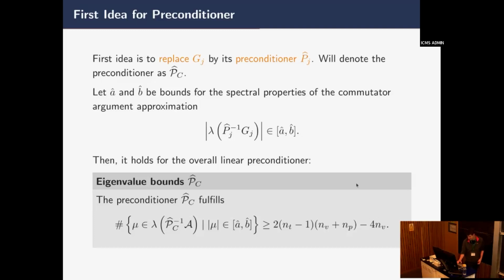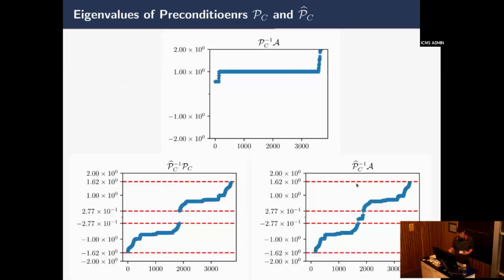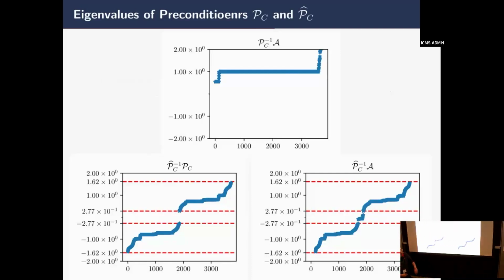We verified these results, so we looked at some small matrices and computed the eigenvalues. First off, we have the circulant approximation with the exact GJ. There you can see most of the eigenvalues are 1, just a few, due to the low rank approximation, are not 1.